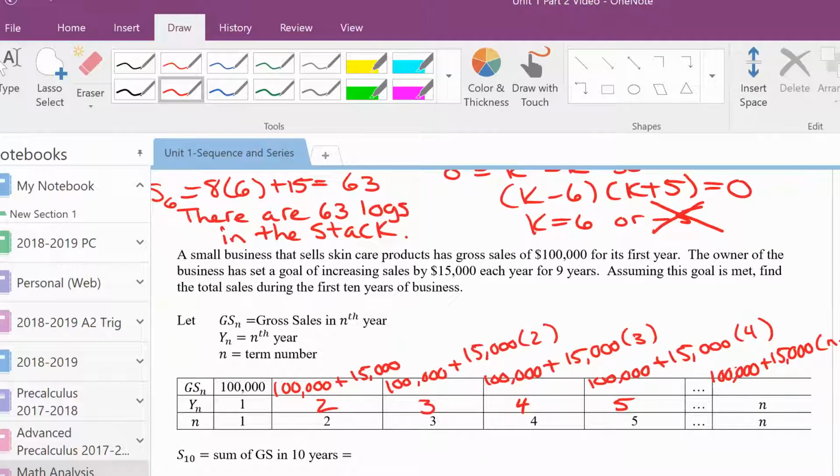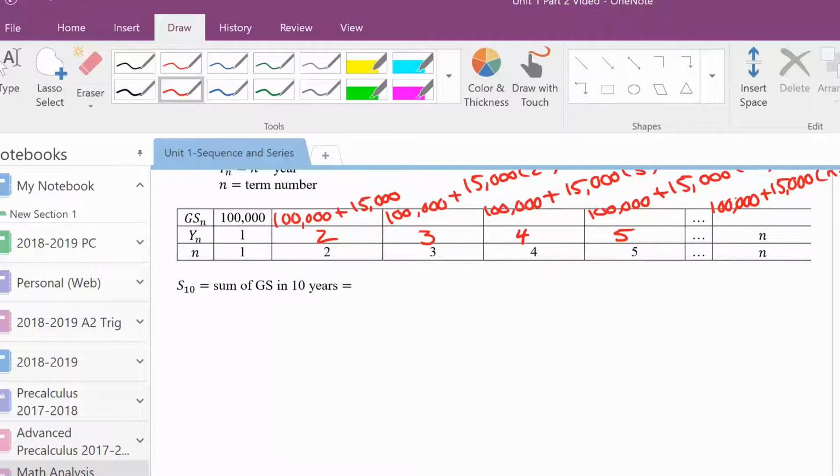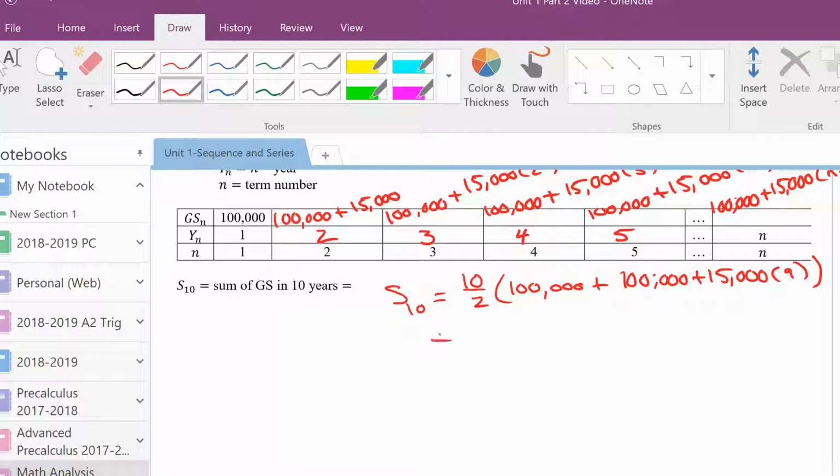So if you want to find the sum of the 10 years, the sum of the 10 years is equal to 10 divided by 2. The first year it's 100,000, but then the nth year or the 10th year we'd go 100,000 plus 15,000 times 9, because 10 minus 1 is 9. So it's equal to 5 times 200,000 plus 15,000 times 9.